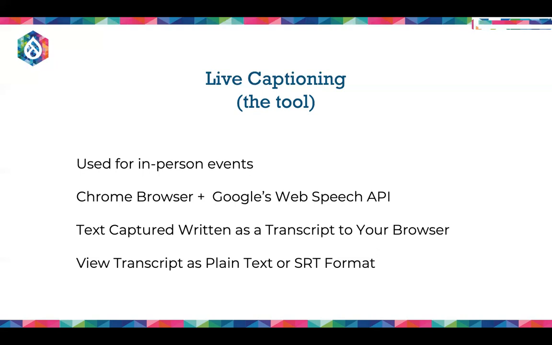So when the text is brought back, we use SRT, which is one of the formats that the text can be converted into. SRT stands for subrip subtitle file, and that contains subtitle information in case you want to use this SRT formatted transcript to sync up with videos.